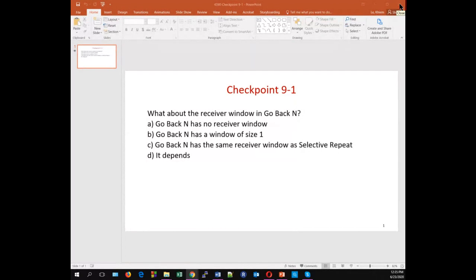Okay, if not, then let's go on. Yes, correct. Mohammed made the comment that since it doesn't have a buffer, it doesn't buffer the packets which are out of sequence. It has to not accept them, right? Basically discard them. So that's why the receiver window size is 1.